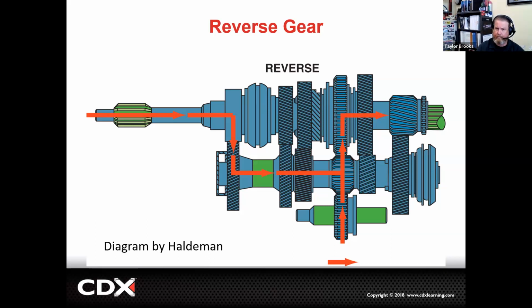Now, a keen-eyed viewer will say, well, if the input is turning clockwise, that will be turning the countershaft counterclockwise, and that will be turning the speed gear clockwise again. Well, that's the thing: we're going to have basically four different rotations when we add the idler gear in. We're going from clockwise on our input shaft, counterclockwise on our counter, back to clockwise on our idler, and then back to counterclockwise on our reverse. So it is, again, a little bit interesting how that all plays out.